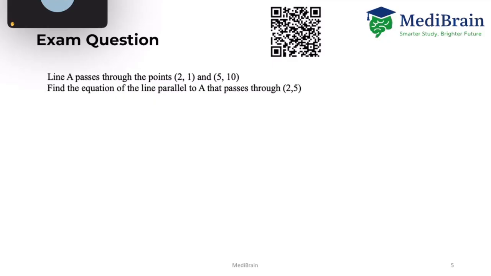Okay, so another question for you guys to have a go at. This time it's not perpendicular, it's parallel. So again, follow the same steps, but this time you're not going to have to work out the negative reciprocal because the line is parallel and it's not perpendicular. Once you have an answer, let me know in the Q&A or in the form by scanning the QR code.